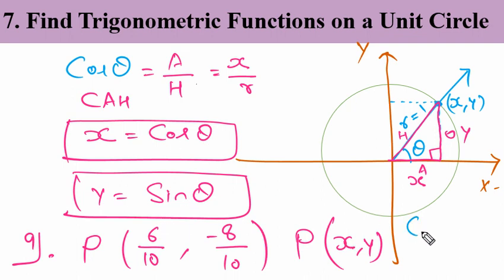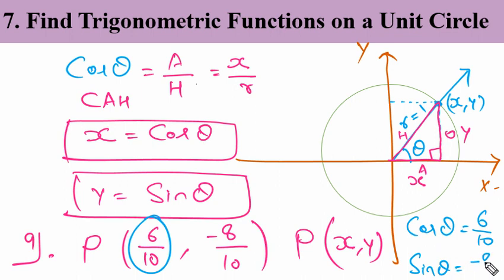So cos theta is equal to 6 over 10. Sine theta will be equal to negative 8 over 10. That's how you will find sine theta and cos theta for a unit circle.